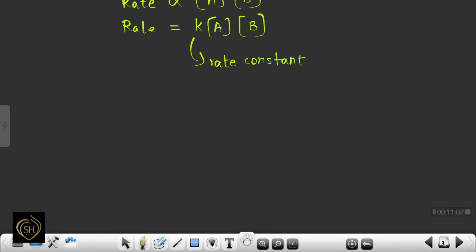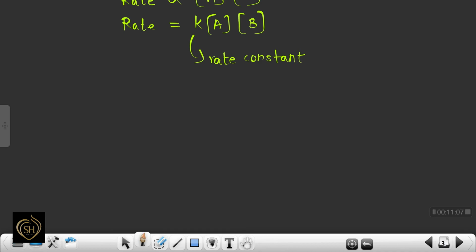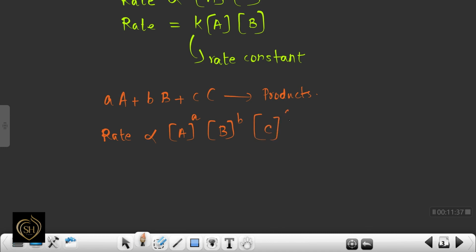Consider a general reaction. We can apply it in a general reaction, that is, aA plus bB plus cC gives product. So according to law of mass action, rate is directly proportional to the concentration of the reactants, each raised to the power of its coefficient: concentration of A raised to a into concentration of B raised to b into concentration of C raised to c.